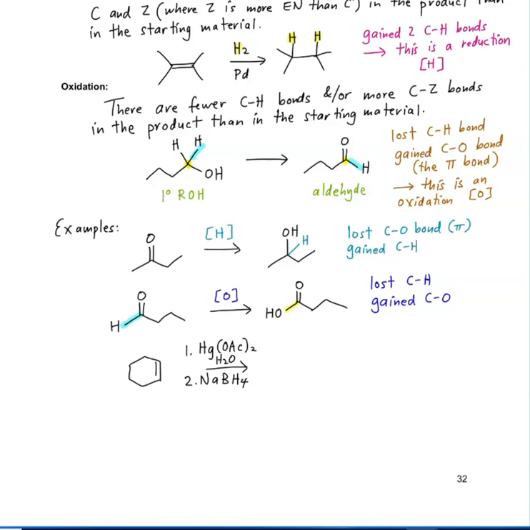Okay, now let's look at this final example. So mercuric acetate and water followed by sodium borohydride, hopefully you'll recognize as being what's called an oxymercuration demercuration, which is a Markovnikov hydration, as you learned earlier in this packet.